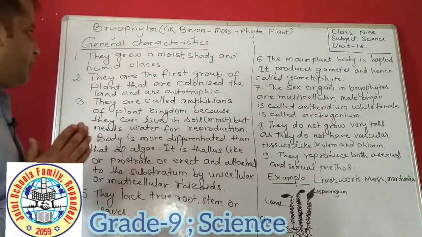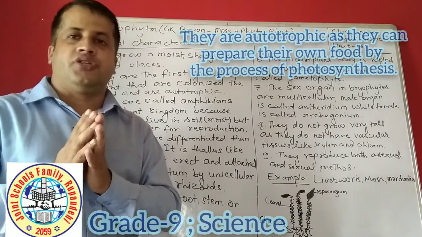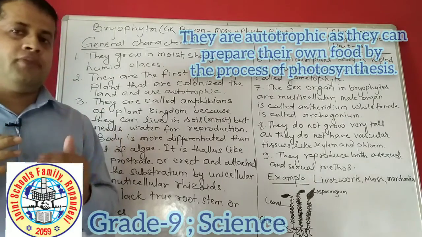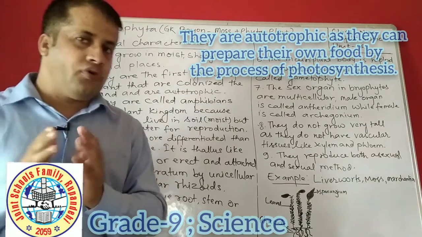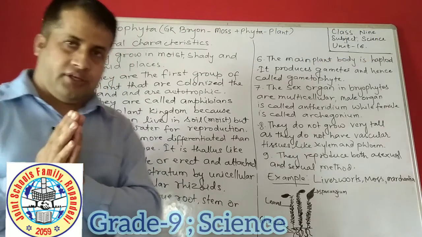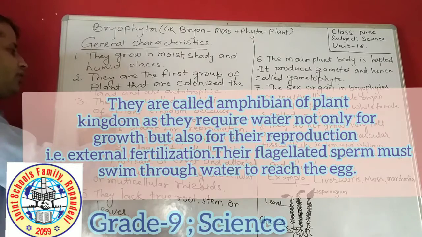They are autotrophic. Since they contain the green pigment chlorophyll, they can prepare their food themselves. They are called the amphibians of the plant kingdom.